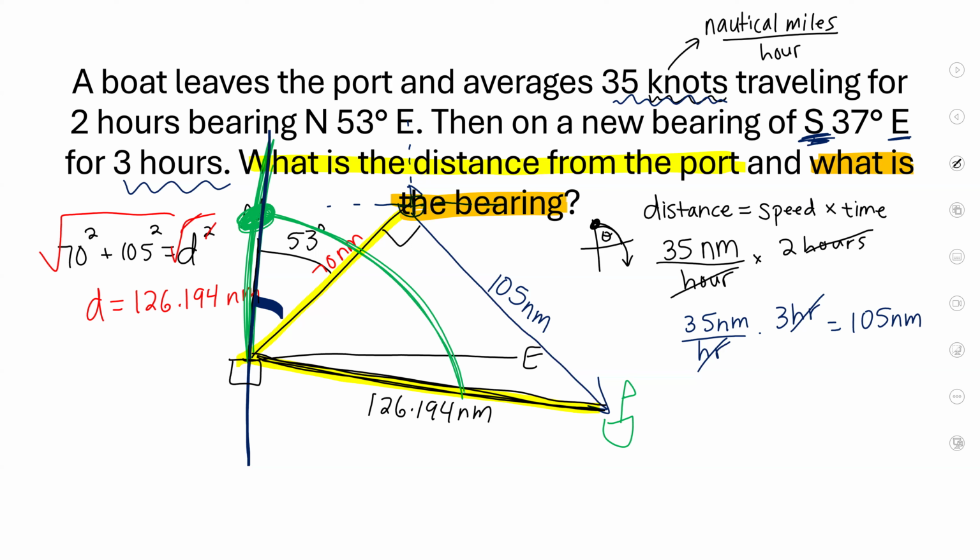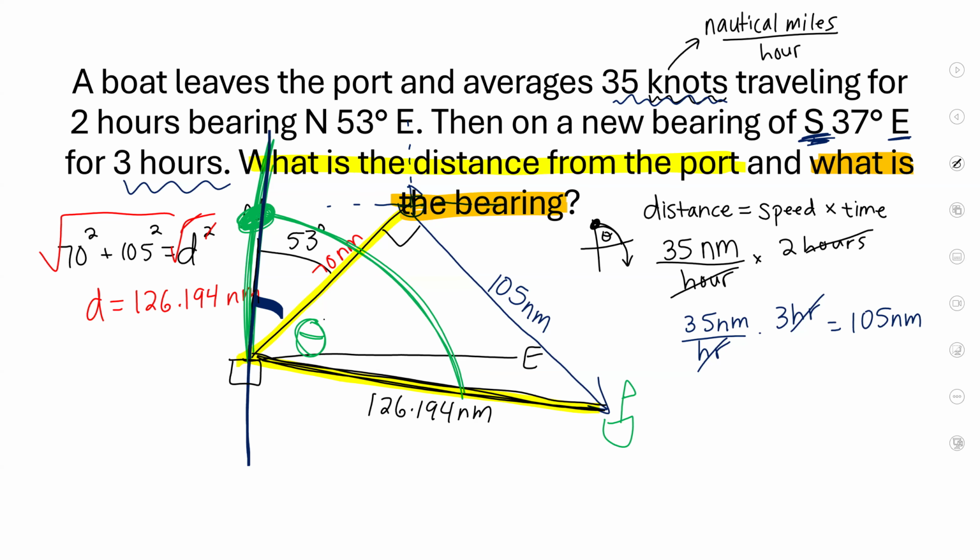So that means I do not know this angle right here. However, I do know the opposite side of this angle, and I know the adjacent side of that angle. I also know the hypotenuse because we just found it, but I'm going to use these pretty numbers that don't have decimals.